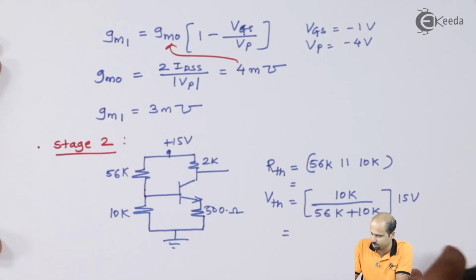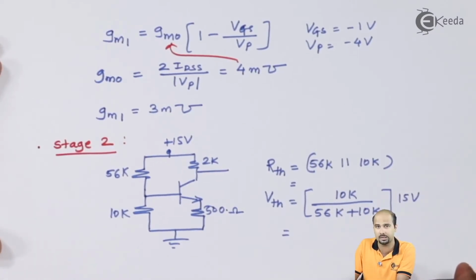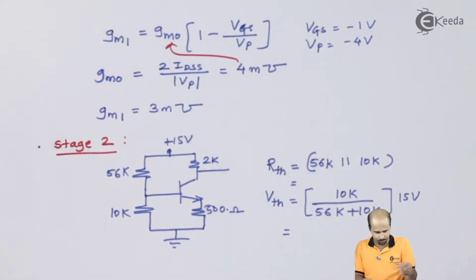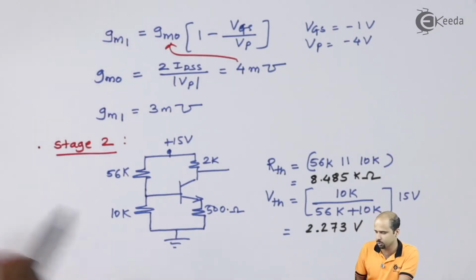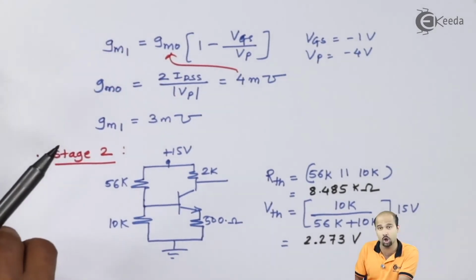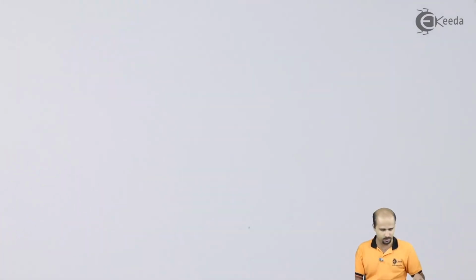Calculate the values and come back, and then we'll form the Thevenin's equivalent circuit. So we have got RTH as 8.485 kilo ohm, and VTH is 2.27. Let's move ahead to draw the Thevenin's equivalent circuit, and then we'll move towards finding the Q parameters.